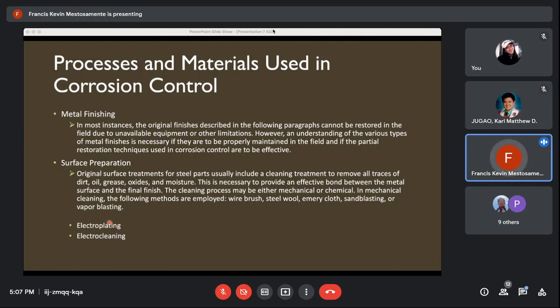Common din to sa mga stainless steel. So pag sinabi nating stainless steel, that is still categorized as steel. So steel, carbon, and iron. And supposedly magraras yan. However, in electroplating sila, ngayon nabalutan sila ng chromium or ng chrome material to protect them from corrosion.